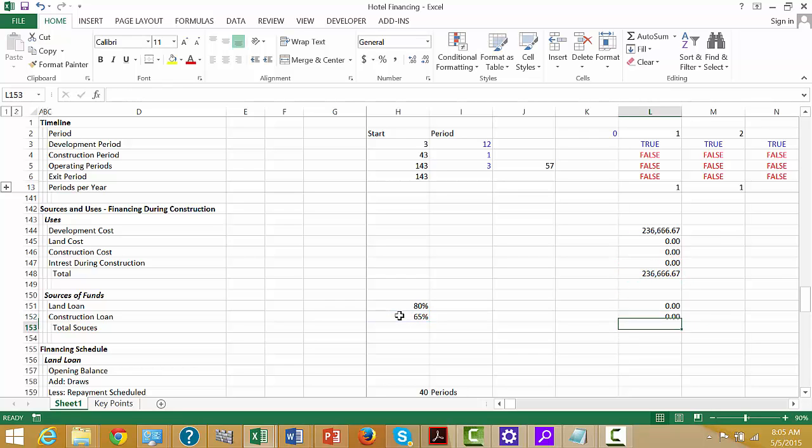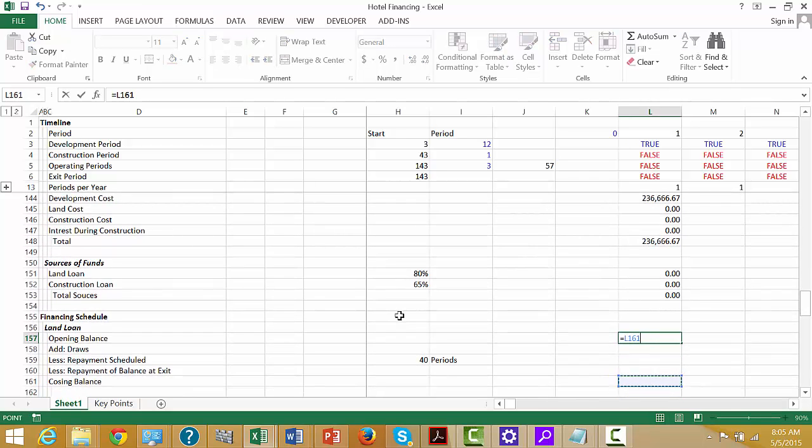Shift Control 1, and then we can press Alt equal again. Okay, opening balance, only one thing to remember. It always equals the prior year closing balance. Never do this, you'll get a circular reference. Always go to the prior year, okay? Alright, that's the lesson number 1 in financial modeling.